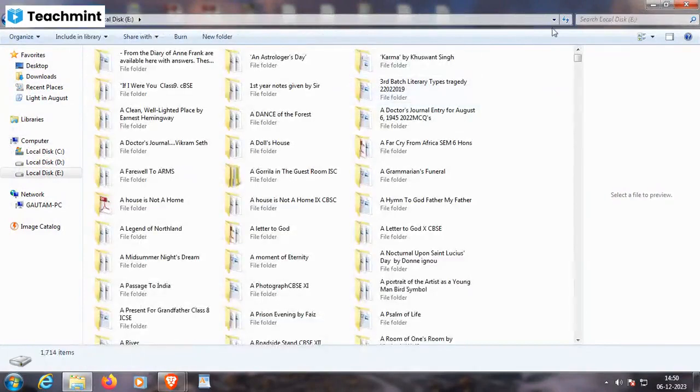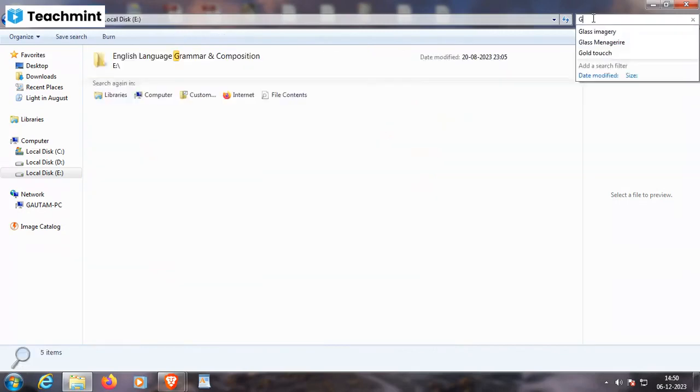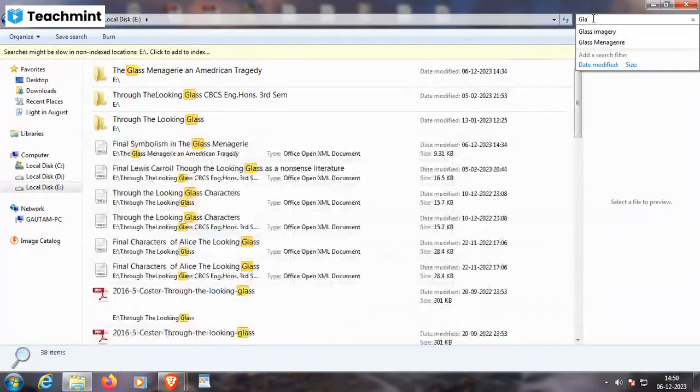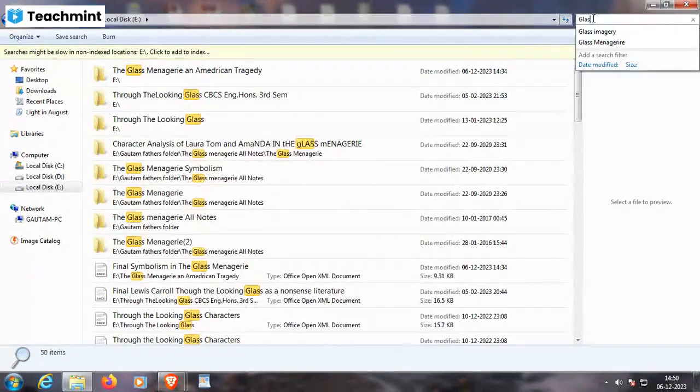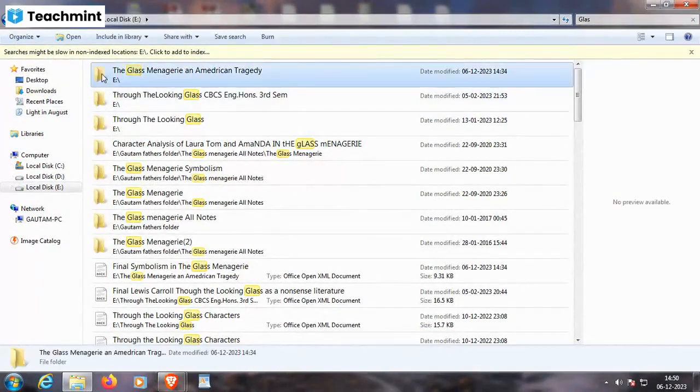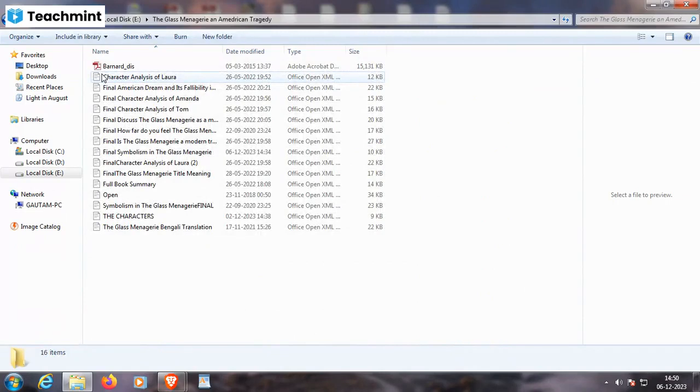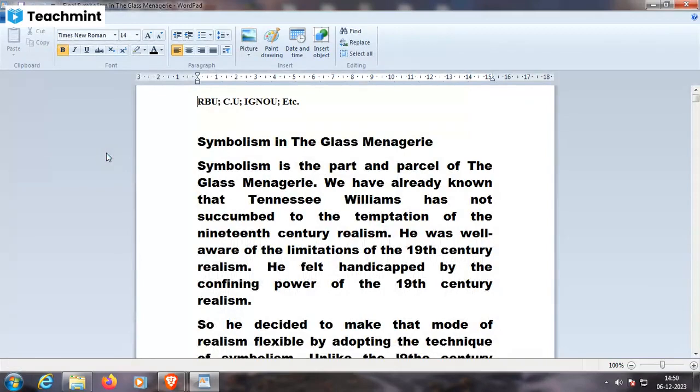The glass menagerie symbolism is important in various ways because each symbol means something behind it which should be understood by the students properly. Otherwise, we will not be able to understand the meaning of this symbolism in the glass menagerie. So symbolism is a part and parcel of the glass menagerie.